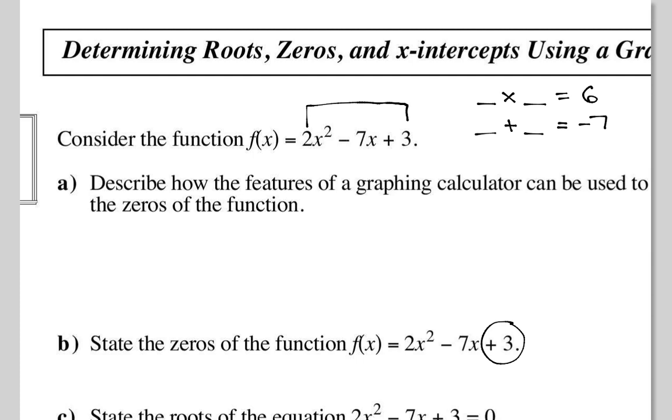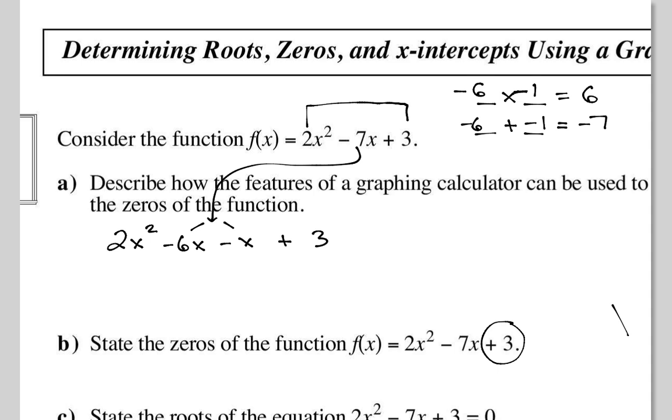So it's going to be 6 and 1. Which ones are going to be negative, or both? Yeah, both. Good, very nice. So when we write down the 4 terms, you have 2x squared, and how's the 7 going to break down? Minus 6x minus x plus 3.